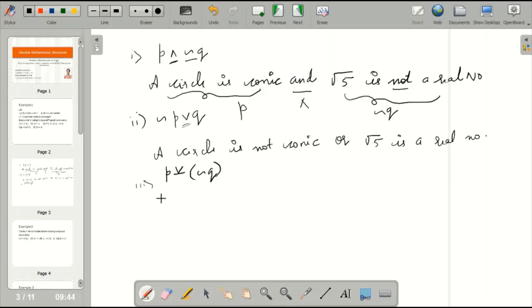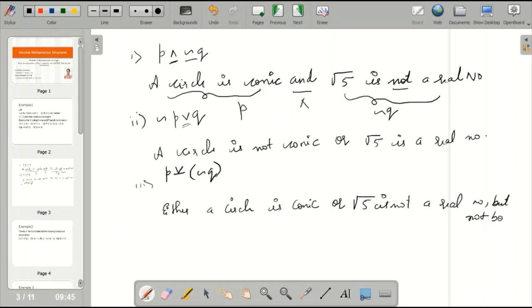So it will be: either a circle is conic or negation of Q. What is negation of Q? Root 5 is not a real number, but not both. This is how we are going to write the exclusive disjunction. I had already told regarding this in the example, so you can refer to those in the definition section also.